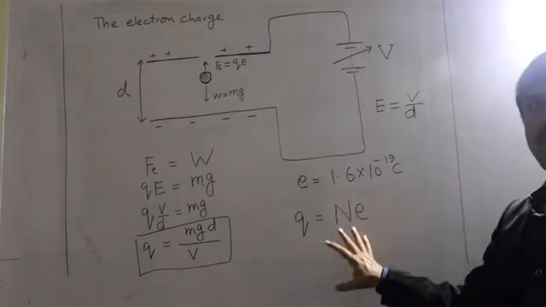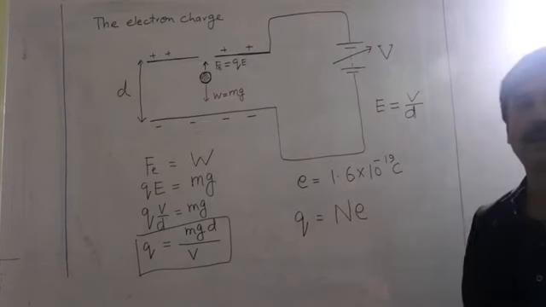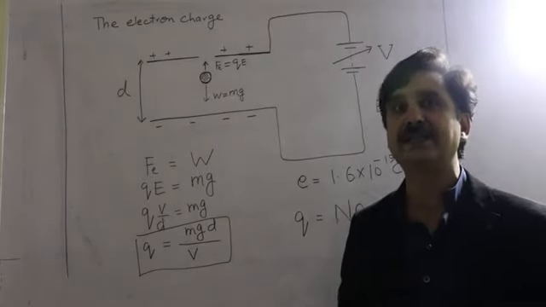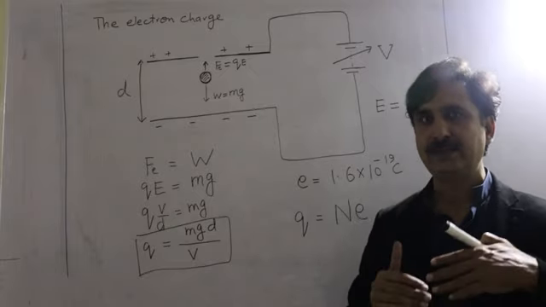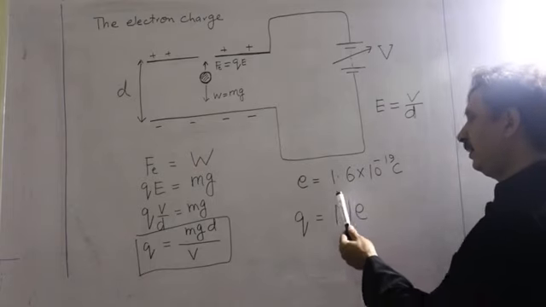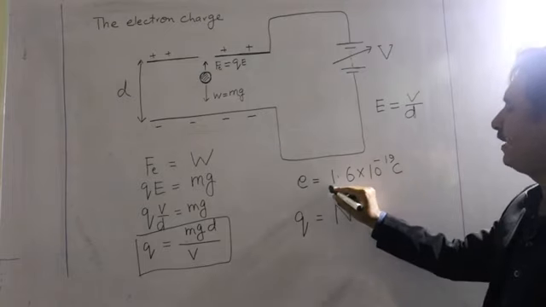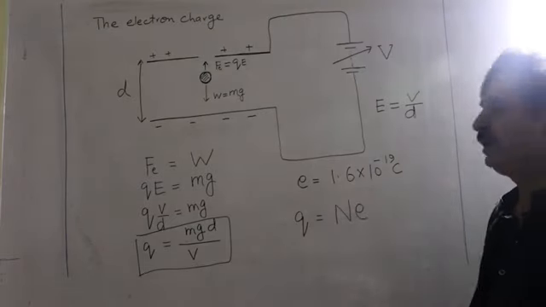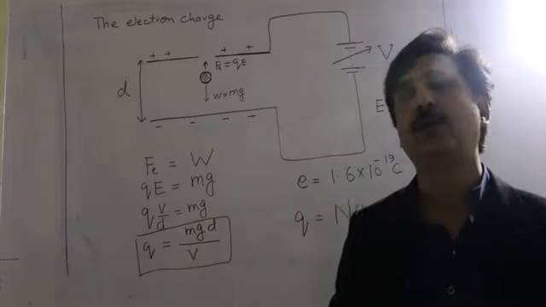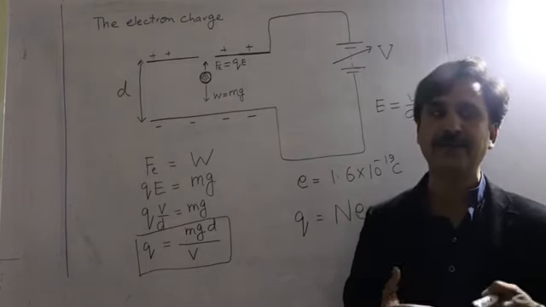So this equation explains that charge is quantized. Charge on particles, or on any object, exists in discrete values. It is always a multiple of some specific value, which is e. So we can say this is discrete, not continuous. Continuous means you can get any value or any fraction of charge.